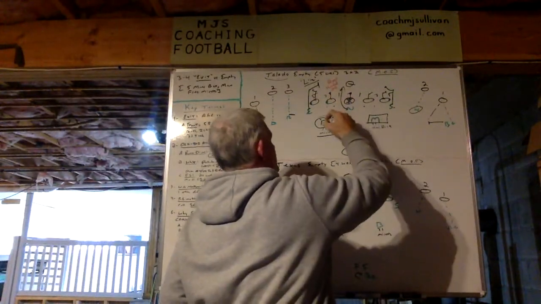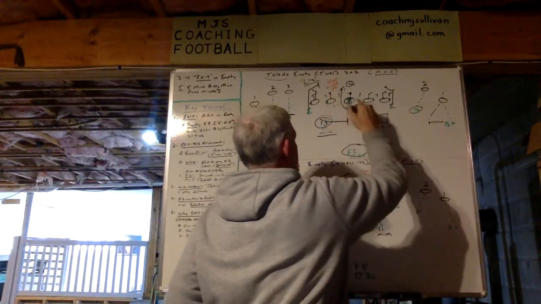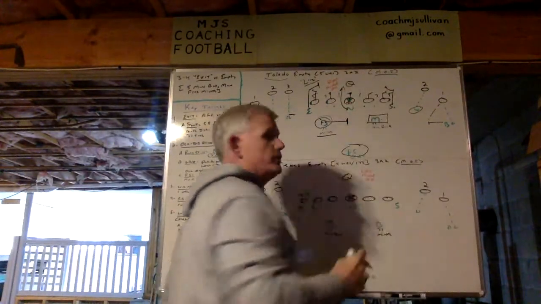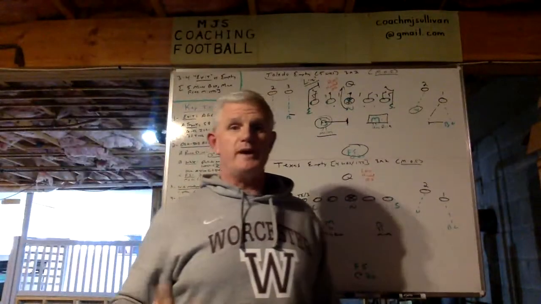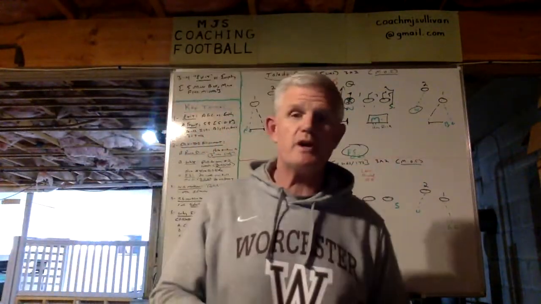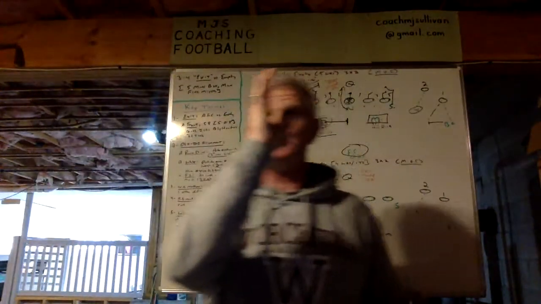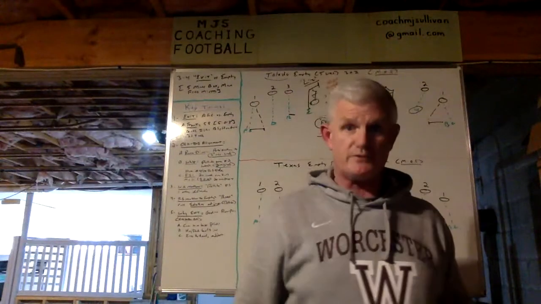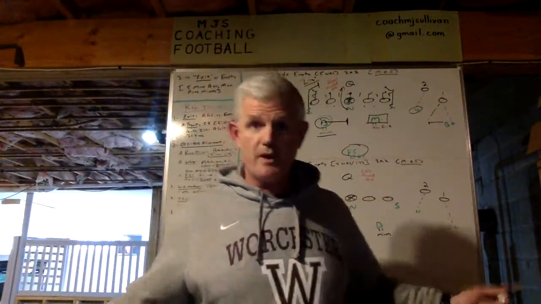Okay? On the snap, the mirror linebacker sees it's a pass, works to get in a relationship right in front of the quarterback. He's essentially spying the quarterback. We use the term mirror because as the quarterback's looking down the field, we want him to see the linebacker right across from him, as if he's looking at him in a mirror.